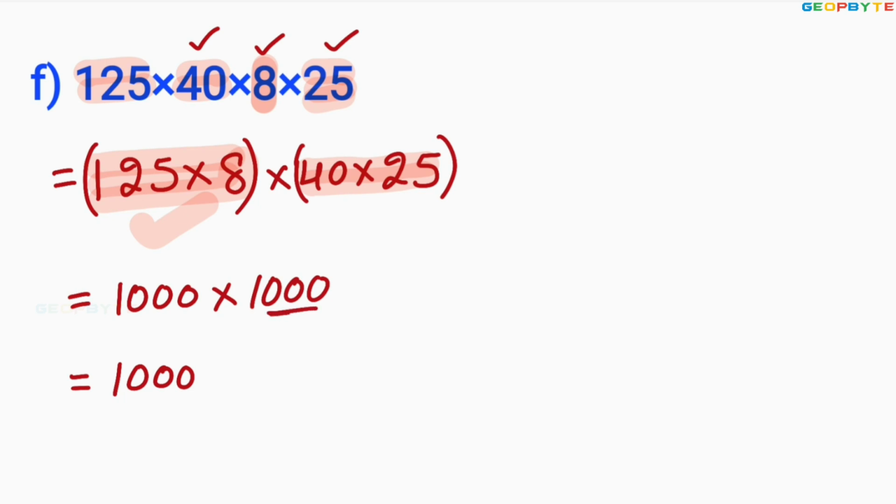Then keep these three zeros. 0 0 0. You got your answer. 1 0 0 0 0 0 0 be the value of 125 multiplied by 40 multiplied by 8 multiplied by 25. I hope you clearly understood.